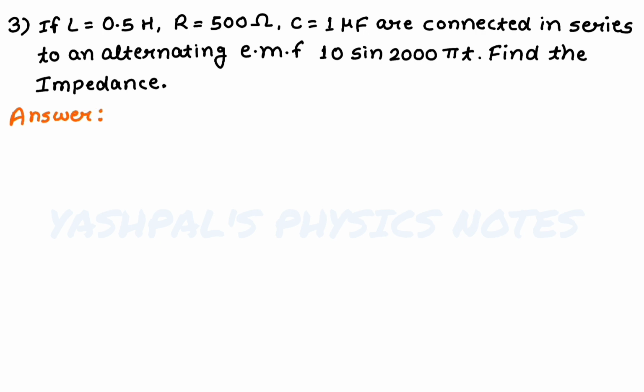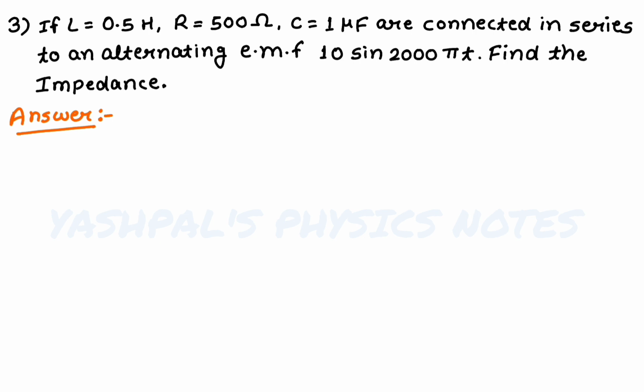Let's read the question first. If inductance L is equal to 0.5 Henry, resistance 500 ohm, capacitance 1 microfarad. Here you have to note that inductance, resistance and capacitance values are given, which means that this is an LCR circuit, connected in series to an alternating EMF 10 sine 2000 pi t.